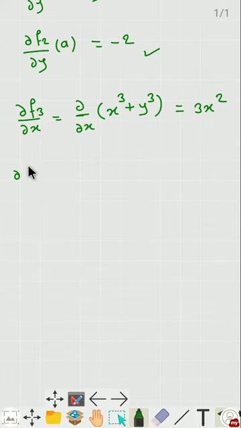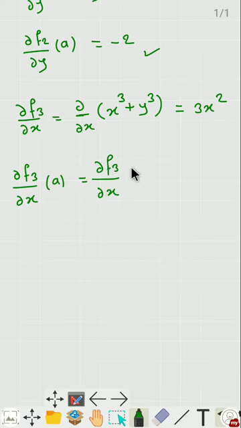Now find ∂f3/∂x at point A, which is (1, -1), and the value is 3. So this is the next value that we will use.